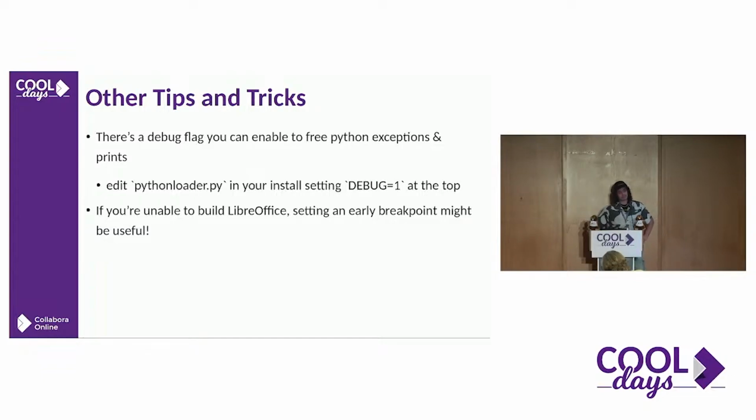This experiment is still in progress. I spent a few days on the Hack Week on this one. For instance, to create a custom rendered dialogue, you need to use this thing called UNO control dialogue.